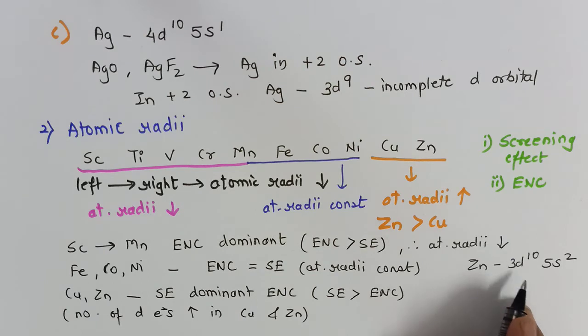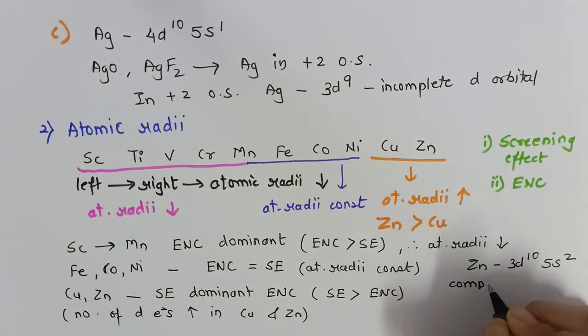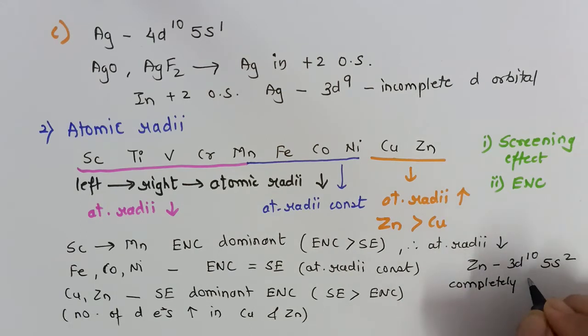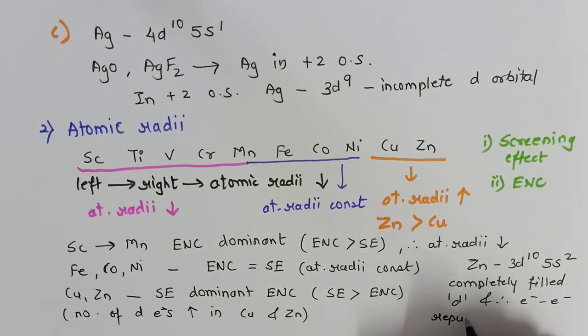So it has completely filled d orbital, and therefore the electron repulsion increases. It will impact the atomic size, therefore atomic radii will also increase.